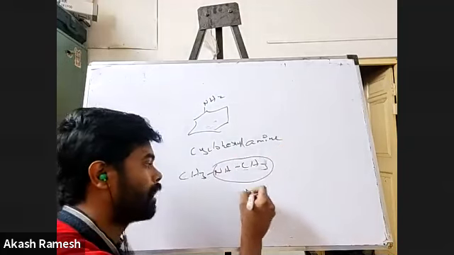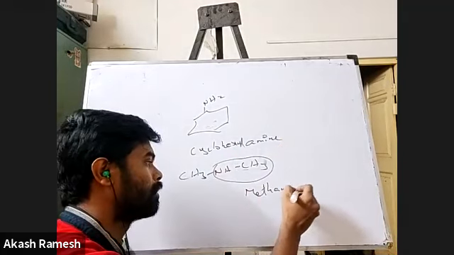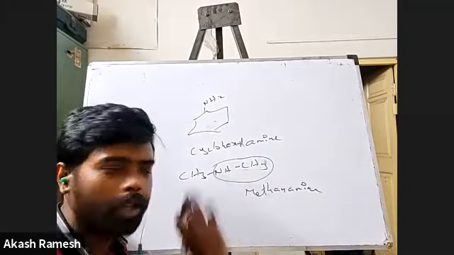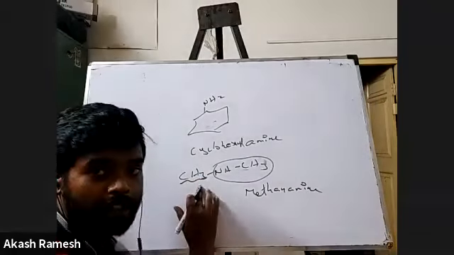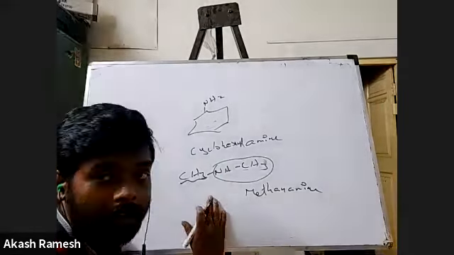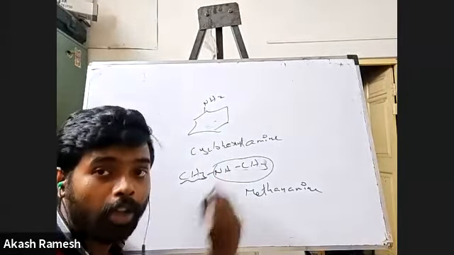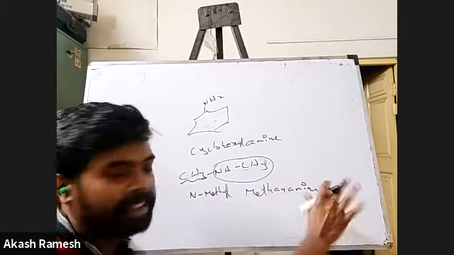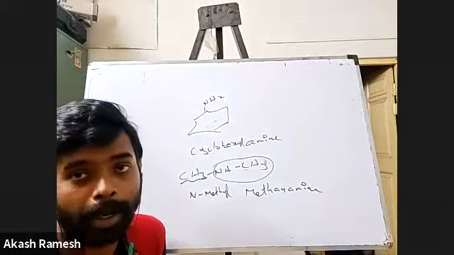This would have been methanamine. Now what you have in extra is CH3, and this CH3 is not attached to any other carbon, it is attached to the nitrogen. So how will I write it? N-methylmethanamine. This is the IUPAC name.